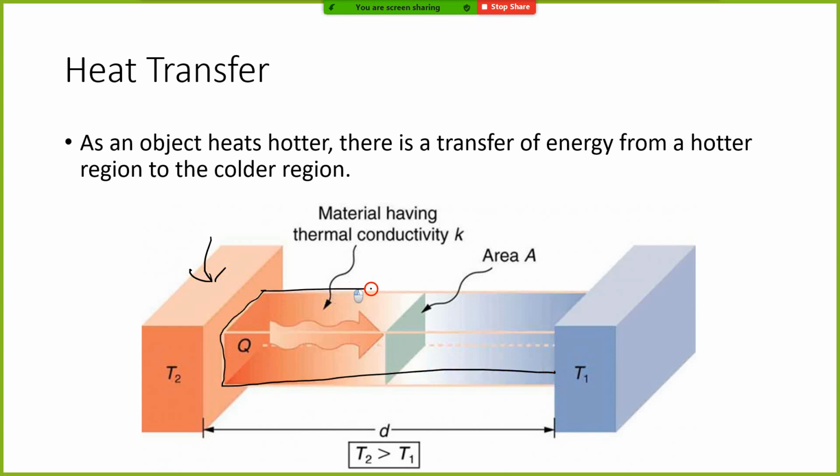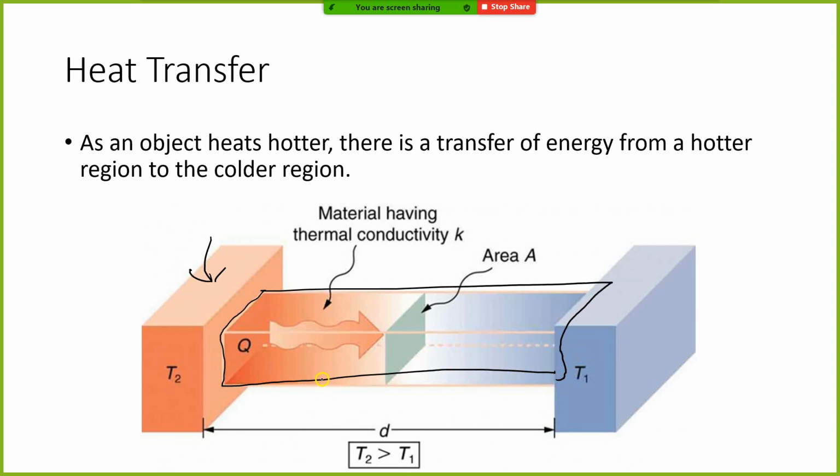What you're going to see is that the heat energy moves from the higher region, passes through this metal, which has an area of A, and moves to the next end.